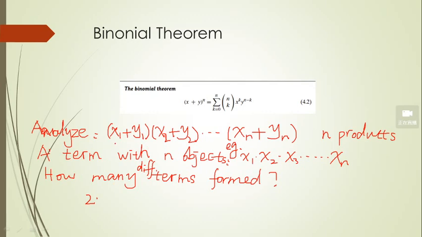For the first one, you have two different choices: you either choose x1 or y1. How about the second one? You either choose x2 or y2. You also have two different choices. The third one also has two choices, and the last one also has two choices. So what is this? 2 to the n.